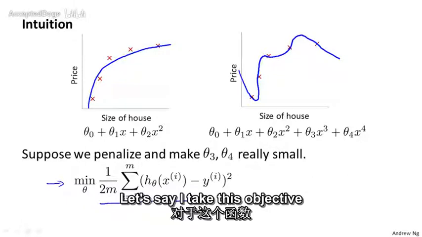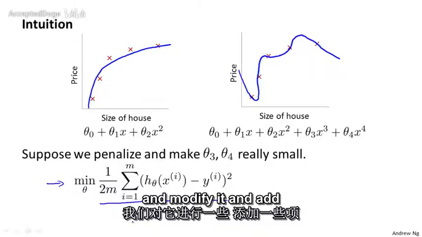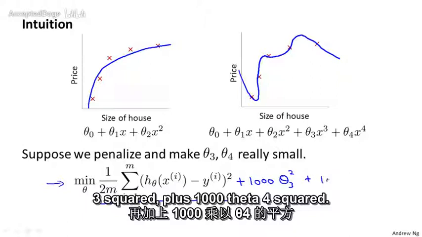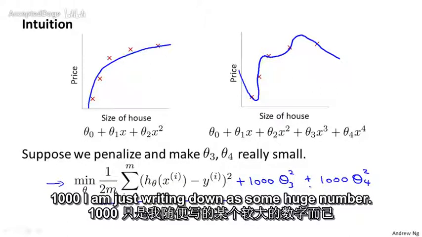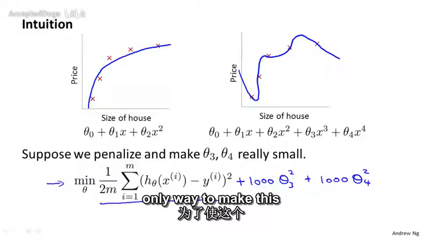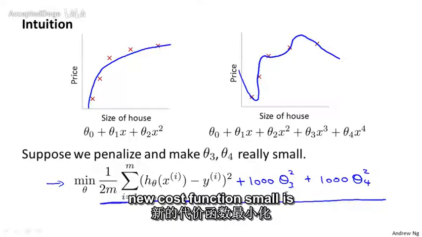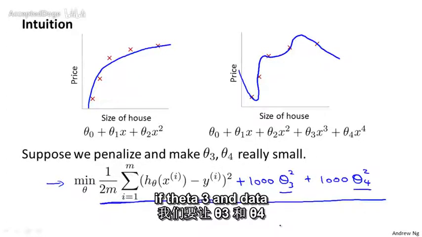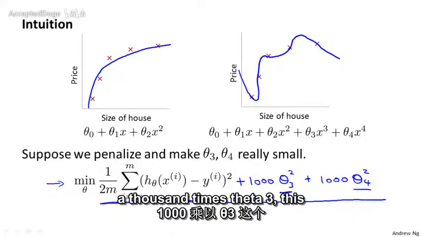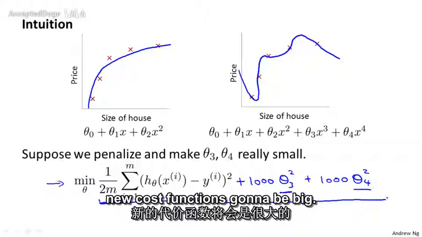Let's say I modify this objective and add to it plus 1000 theta3 squared plus 1000 theta4 squared. 1000 I'm just writing down as some huge number. Now, if we were to minimize this function, the only way to make this new cost function small is if theta3 and theta4 are small, right? Because otherwise, if you have 1000 times theta3 squared, this new cost function is going to be big.